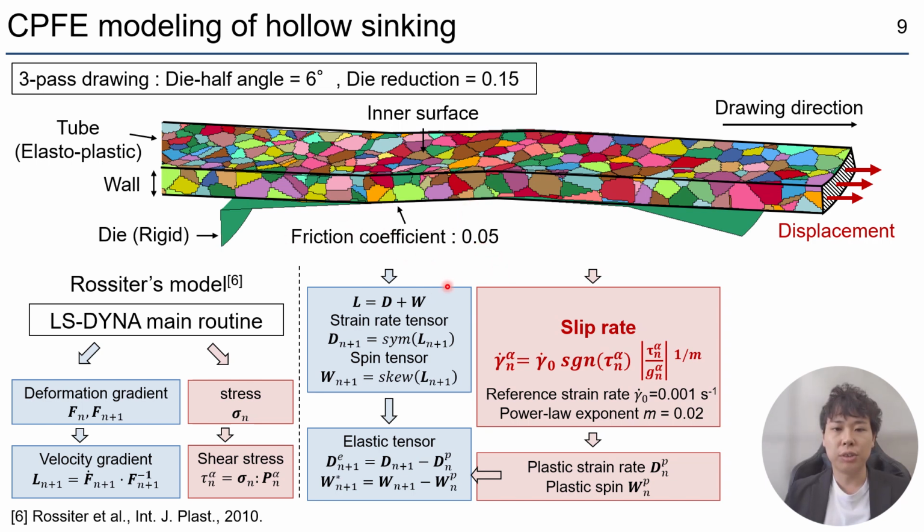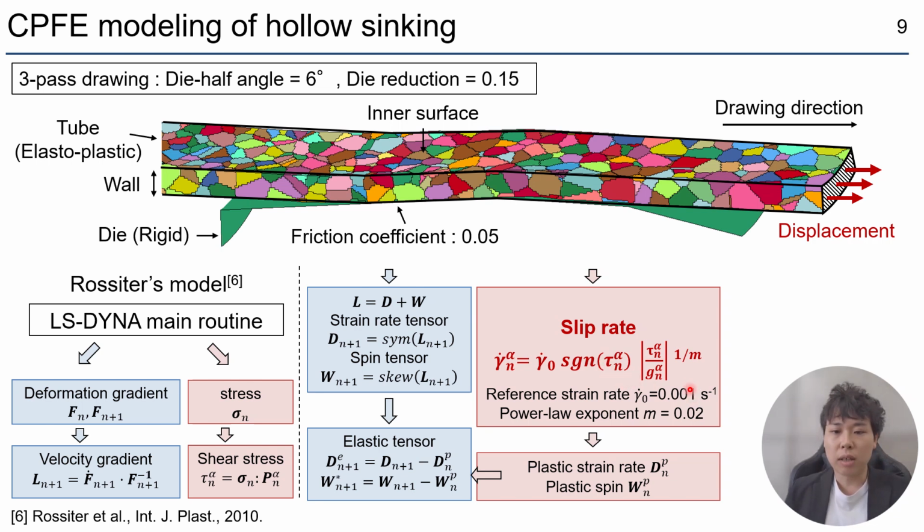Our calculation followed Rosita's model. LS-DYNA's main routine gives the current deformation gradient and stress to the user subroutine. For each slip system, I computed the resolved shear stress and slip rate with a viscoplastic power law.